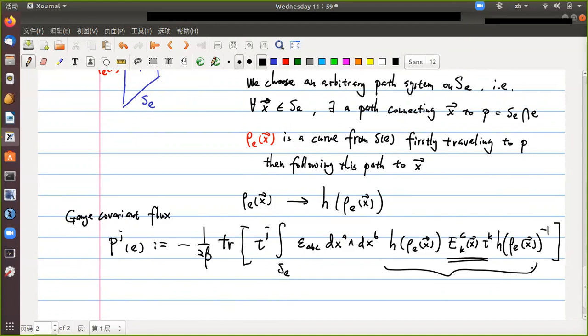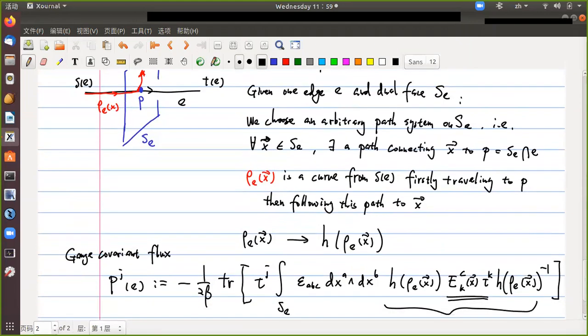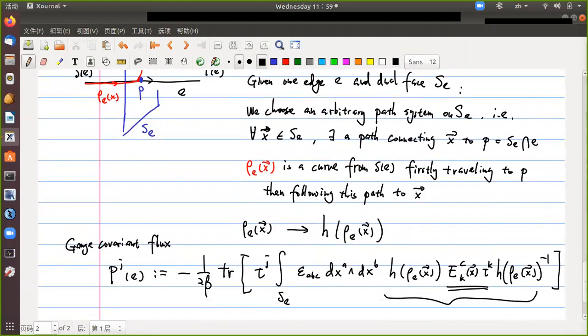You have learned a little bit of Lie algebra, this is just the adjoint representation. Otherwise, if you have not much experience with Lie algebra, you can just view this as a matrix, because tau_k is a matrix. So it's a matrix multiplication: h multiplied by this matrix, and then h inverse, sometimes called conjugation.